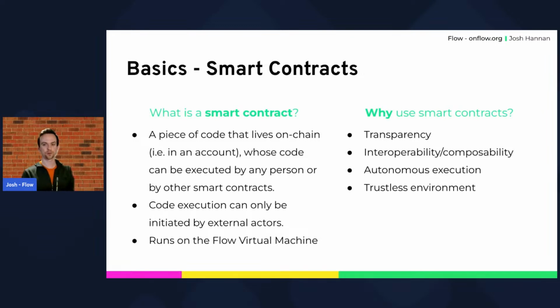You want them to be able to take your project and build interesting things on it, without having to worry about you revoking access to it, or introducing breaking changes that could break their project that they've built their business on. And that goes along with this autonomous execution and trustless environment. You want to be able to trust that the code is going to run as written, and not have to worry about any third parties that might want to interfere with it or change it in some way.